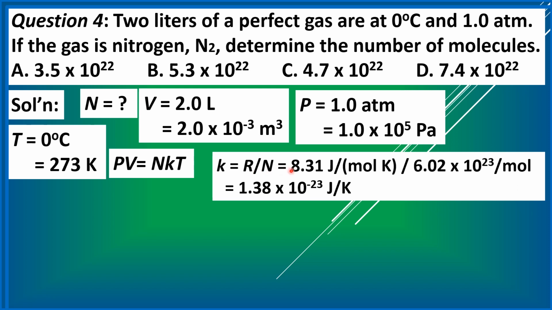Alright? So when you divide the universal gas constant, which is 8.31 joules per mole Kelvin, by Avogadro's number, 6.02 times 10 to the 23rd power molecules per mole, we will get the value of this constant k equal to 1.38 times 10 to the negative 23 joules per Kelvin. Alright?